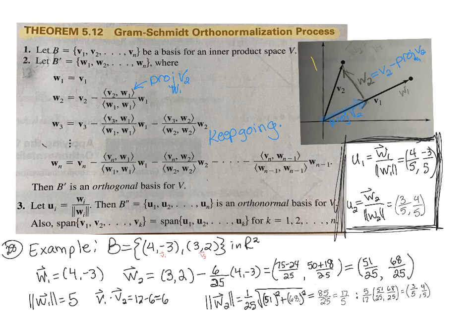You're shining the light this way, perpendicular to the screen, and then this blue vector here is the shadow of V2 that lies along V1. So the projection of this vector onto this vector gives you this smaller vector.